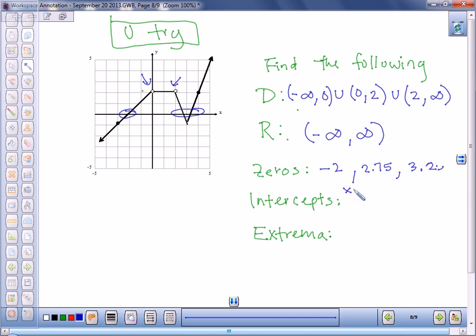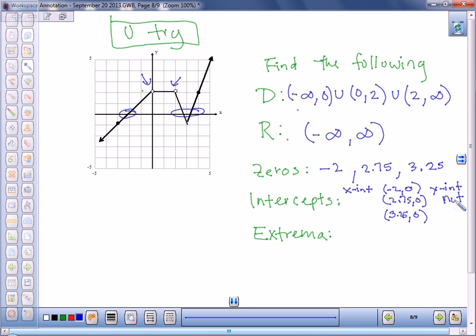So we'd say (-2, 0), (2.75, 0), and (3.25, 0). But there's no extrema. Okay, what about y-intercept? It's an open dot, isn't it? That means there's not one. You should say no.